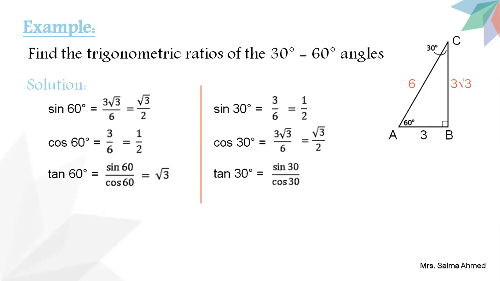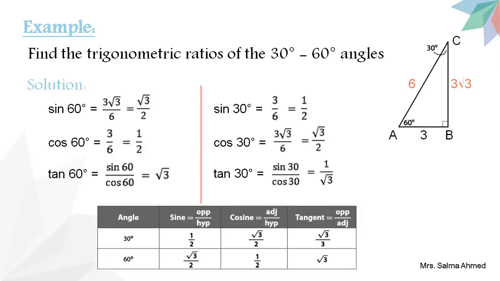And tan 30 is sine 30 over cosine 30, which, by dividing half by root 3 over 2, gives me 1 over root 3. So this leads us to use this table, which is very important. If I need sine 30, it gives me half.